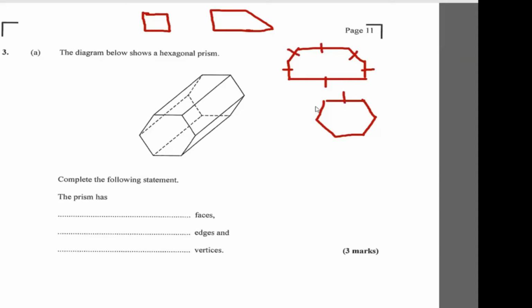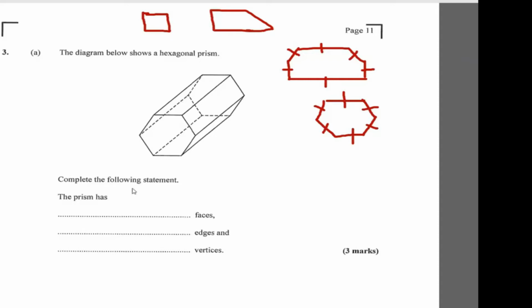This as well. These are all hexagons. So what they're saying is that the base has 6 sides. That's all they're saying. It's a hexagonal prism.